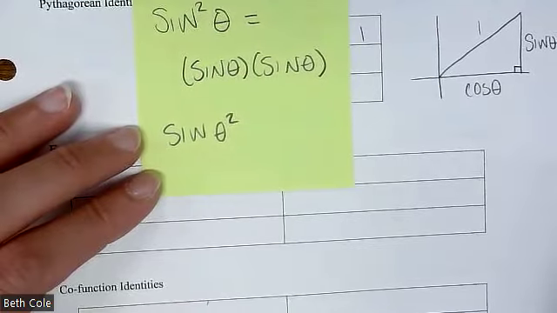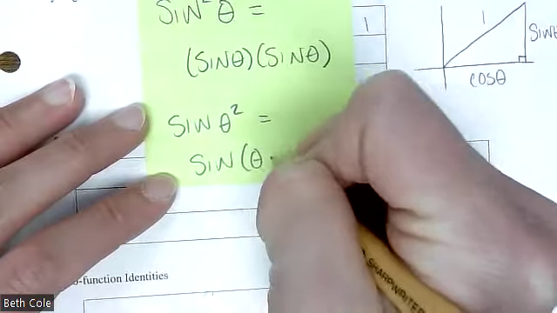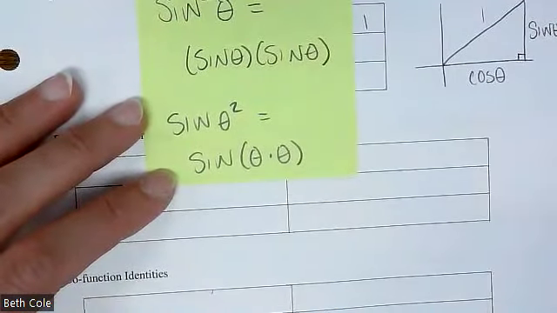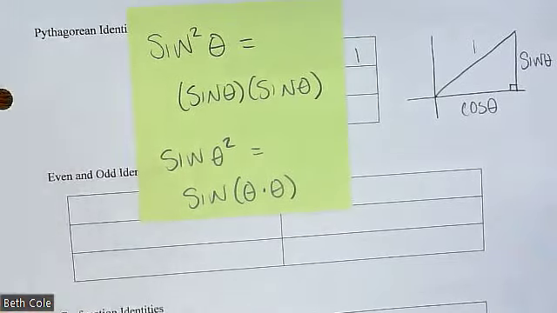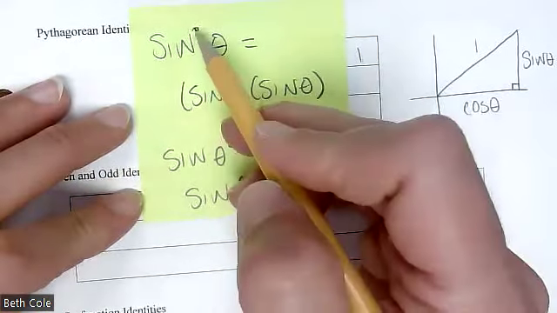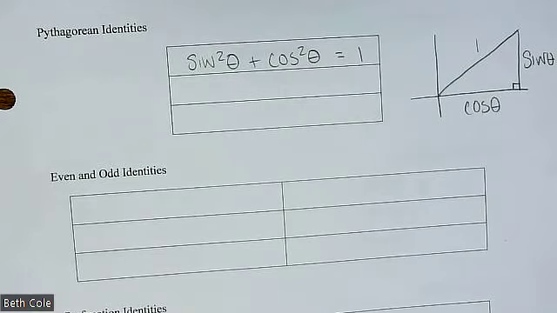It's not sine. The angle, right? The theta. What that means is you just multiplied theta times itself. Do you see the difference? And it does make a difference. So that's why you have to put the squared after the trig function, after the sine part. All right, now there's 2 others of these. I don't necessarily memorize them as they are.